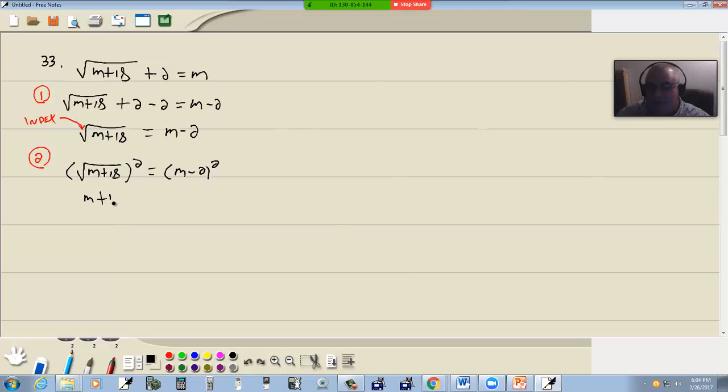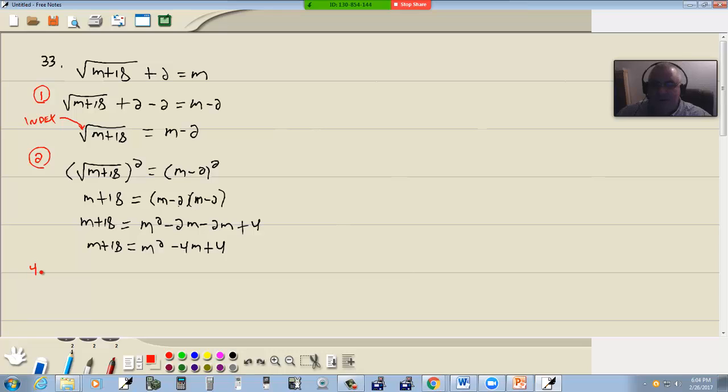So that gives us m plus 18. And over on the right side, m minus 2 squared we can rewrite as m minus 2 times m minus 2. Well, m times m is m squared. M times negative 2 is negative 2m. Negative 2 times m is negative 2m. Negative 2 times negative 2 is 4. So we get m plus 18 is equal to m squared minus 4m plus 4.